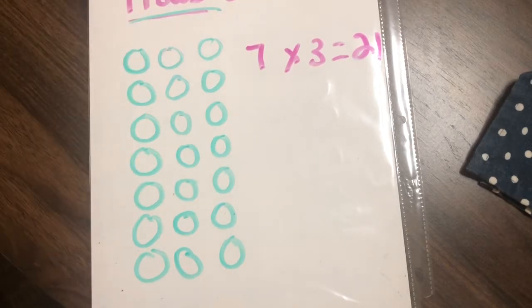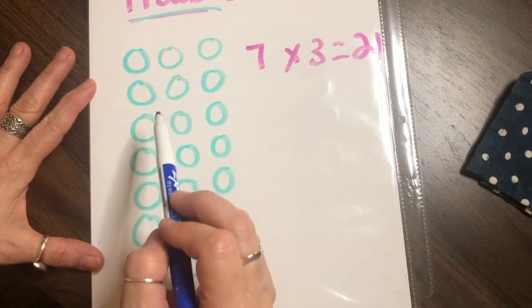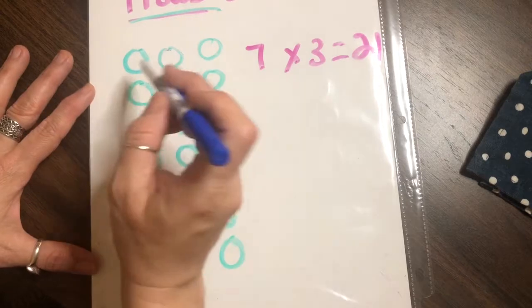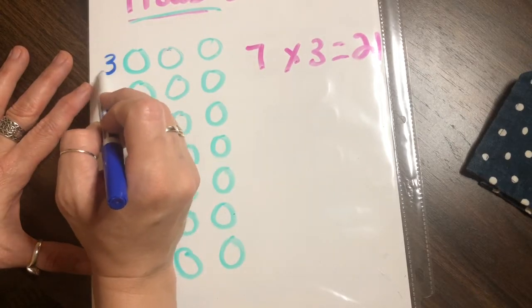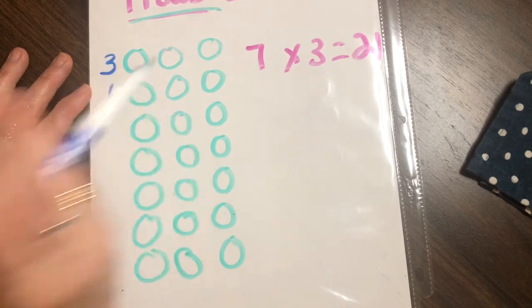Let's skip count to make sure we're right. An array is a great tool to work with if you're still learning your skip count strategy, because you could always hold the number and count up. 3, 4, 5, 6, like that. So let's go ahead and skip together. We've got 3, 6. What comes next?